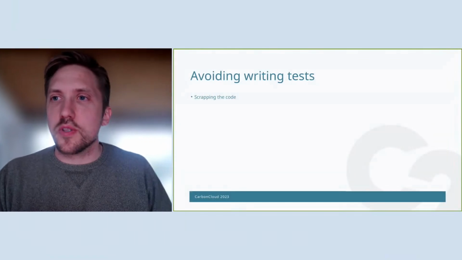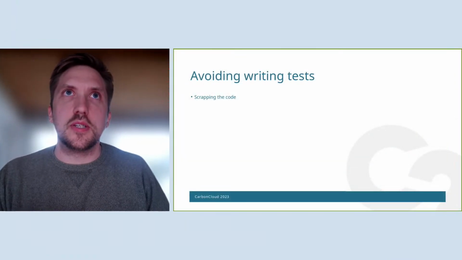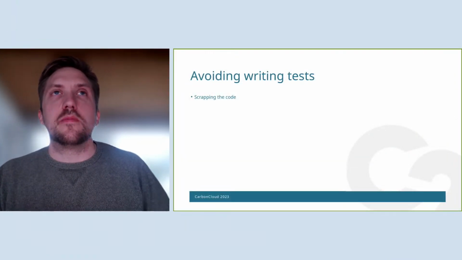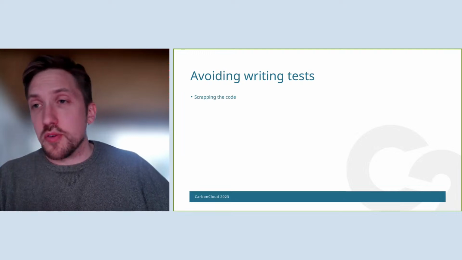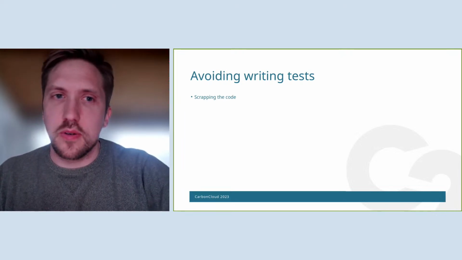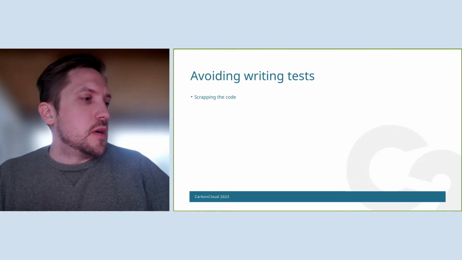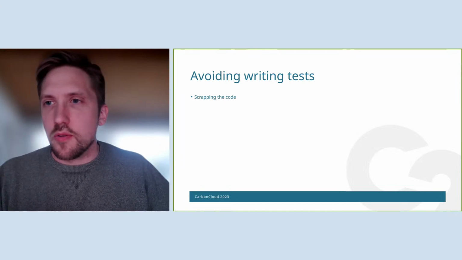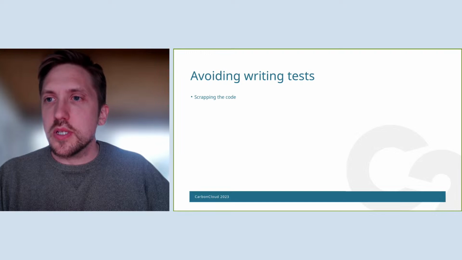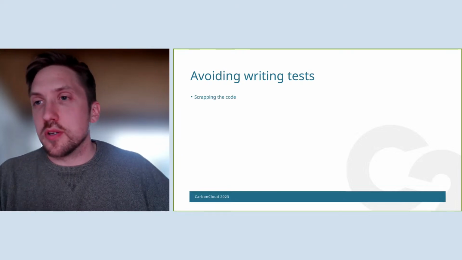So you could either scrap the code, just remove it, and of course it is easy to say that, oh, metrics are important. If something is never used, you can think about, does this bring value? Maybe people just don't find it.